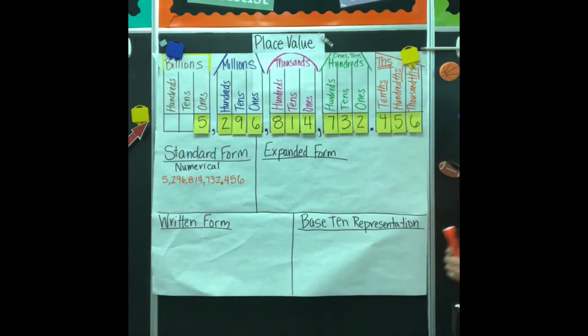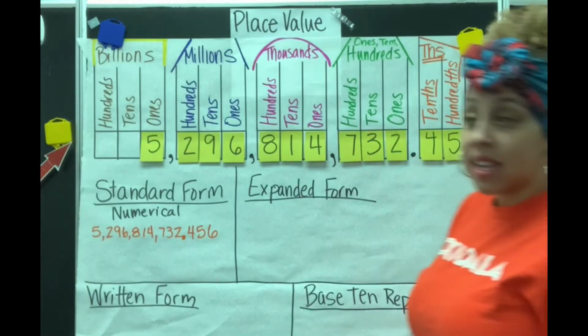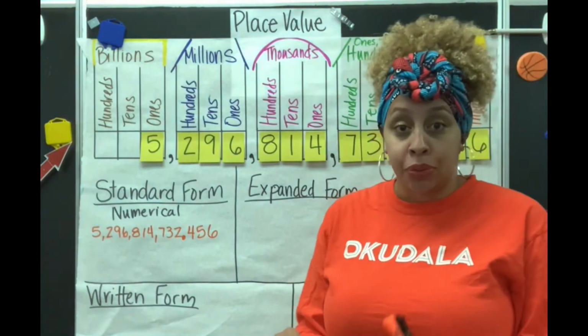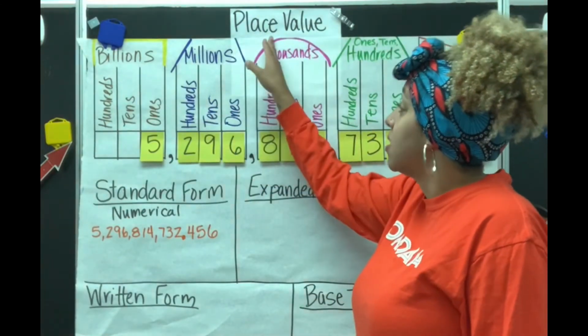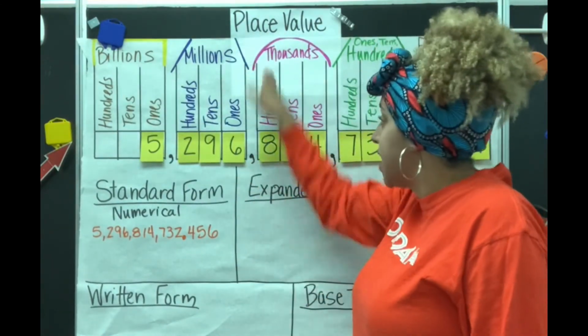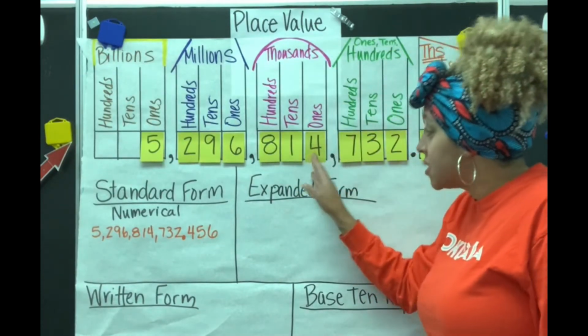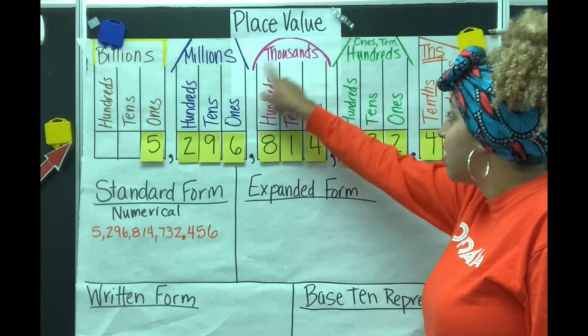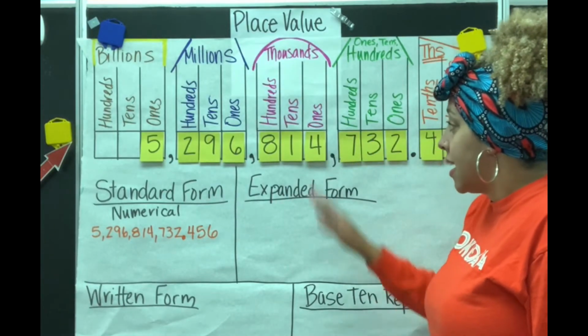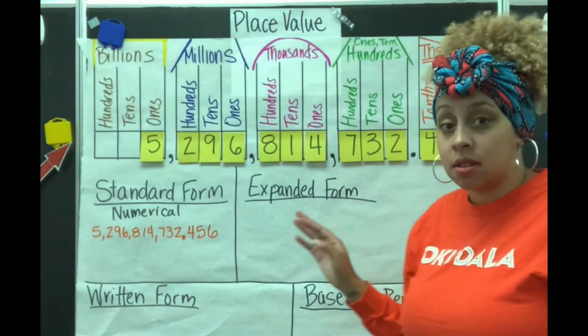we are taking the value. So when we talk about place value, we're taking the value of this digit in this place. The value of this digit in this place. Well, what is the value of the 4 in the thousands place? It's 4,000. Okay?